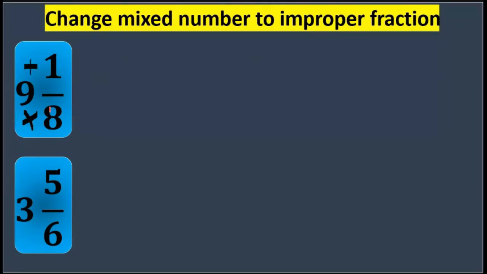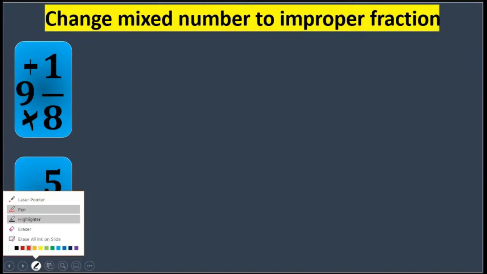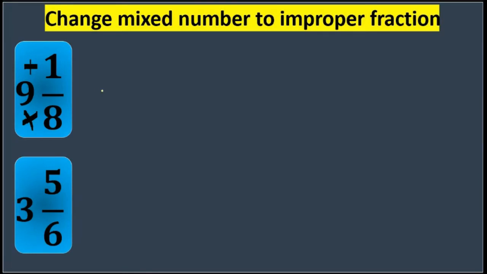So, 8 times 9, that is 72, and then add. 72 plus 1 is 73. Improper fraction. Okay?